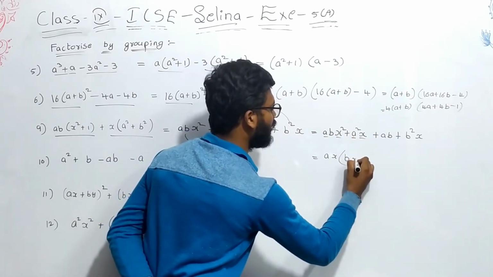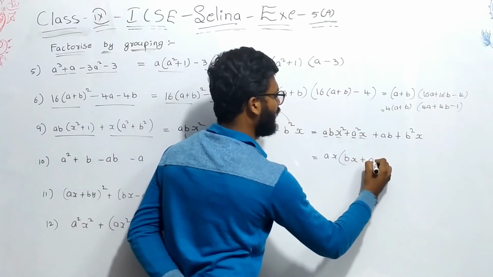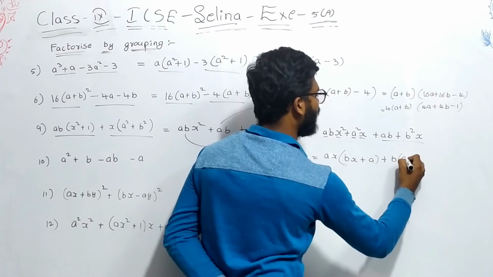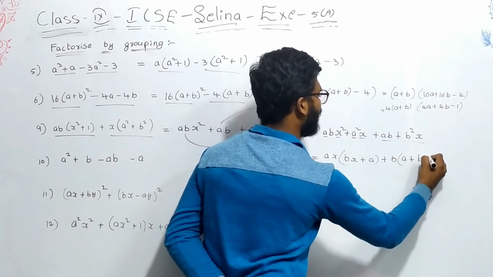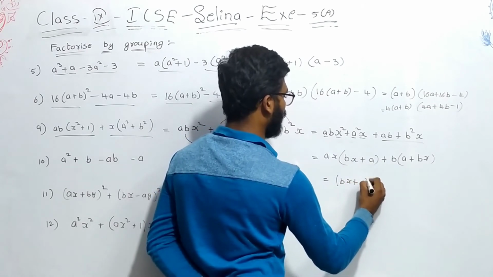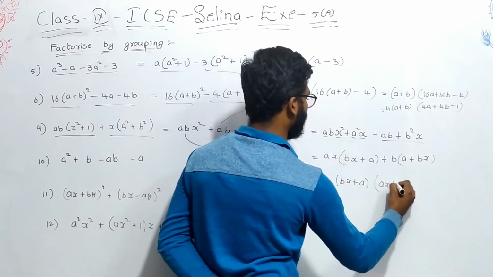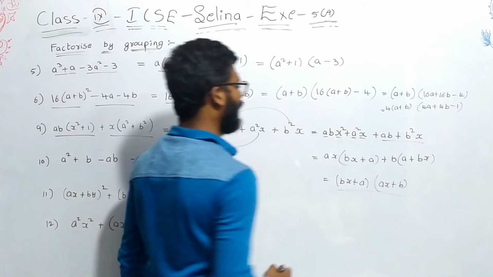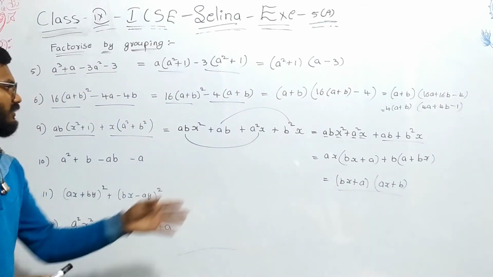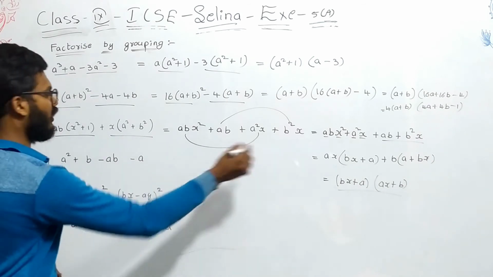So, Bx plus A is remaining. In the same way, if I take B common, A plus Bx, right? So, then it will become Bx plus A is common. So, Ax plus B into Bx plus A is the factorization for this one. So, these two are factors.